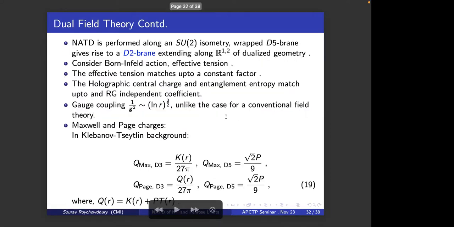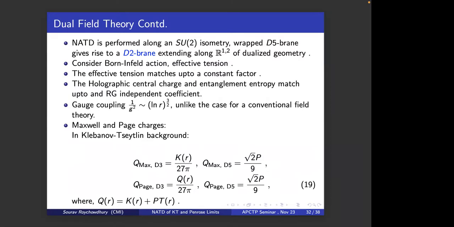However, instead of D5, here we first perform the non-Abelian duality with this SU(2) isometry parameterized by theta 2, phi 2, and psi. And the wrapped D5 branes give rise to a D2 brane extending along the R^{1,2} directions of the dualized geometry.